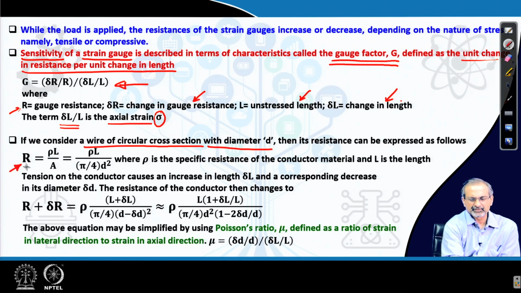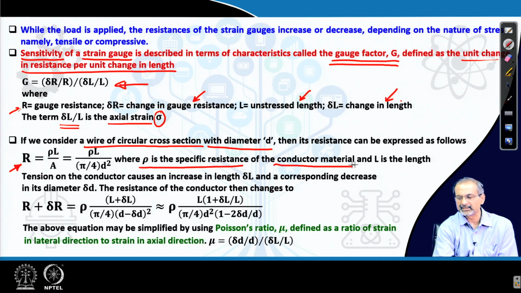The resistance of that wire would then be defined as rho L by A, where rho is the specific resistance of the conductor material, L is its length, A is its cross sectional area. Assuming circular cross section in unstressed state, the diameter of the wire is considered as d, and therefore, we have this formula.